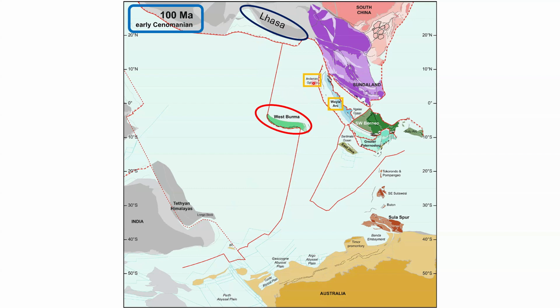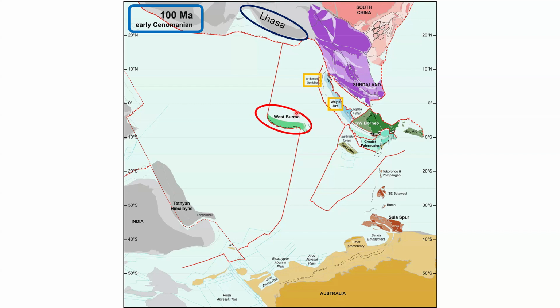Things that we're going to be talking about later on, the Andaman ophiolite is a piece that, according to this reconstruction, has been in place along what they're calling the Woyla Arc, now Indonesia.